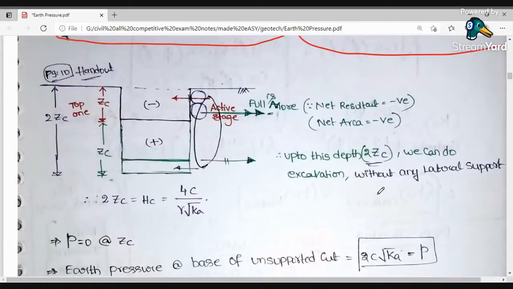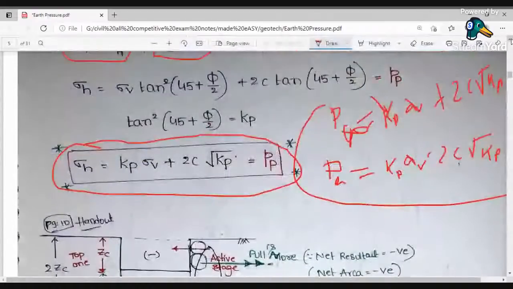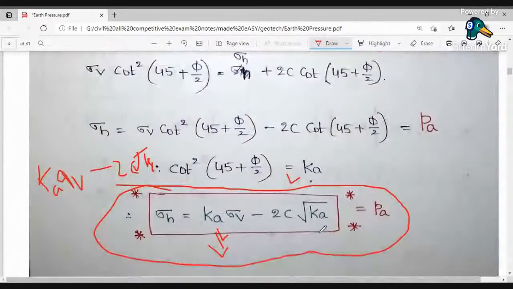Another important term we have to remember in case of active and passive earth pressure is the unsupported cut. This is important. What do they mean by the unsupported cut, right? In case of cohesive soil, you can see that the active earth pressure is Ka sigma V minus 2C root over Ka. Suppose the active earth pressure is 0, that means sigma H is 0, then we get Ka sigma V equal to 2C root Ka.